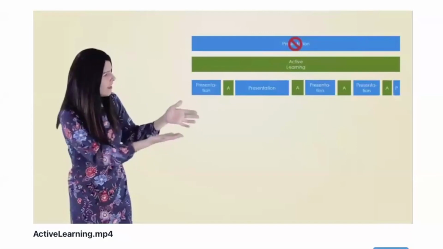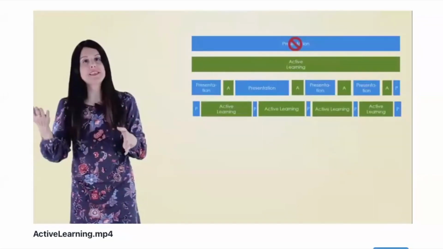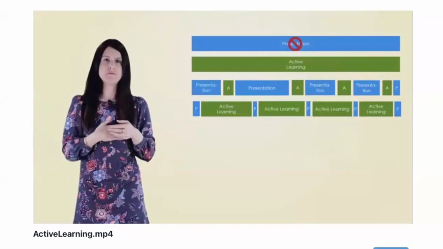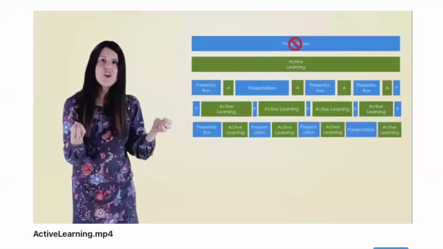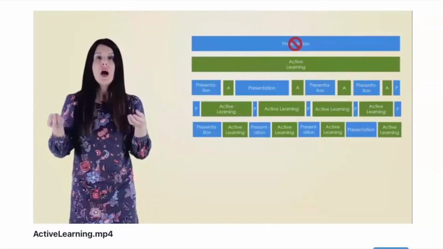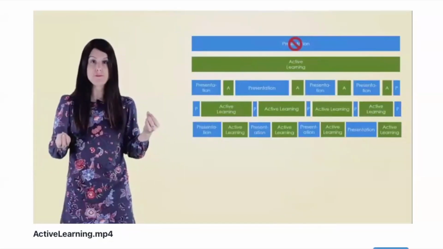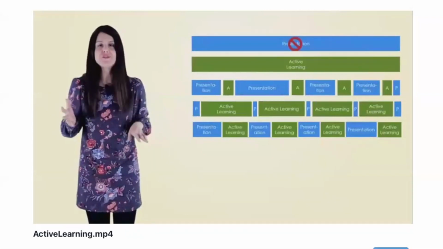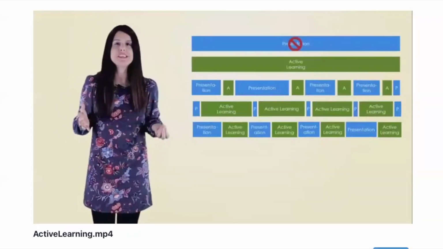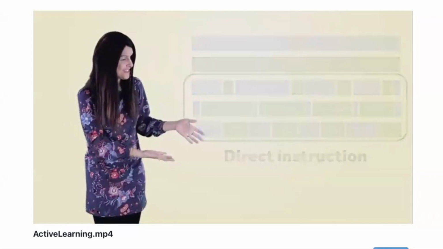Or maybe like this, with more active learning than teacher-directed explicit presentation. Or maybe even like this, with a fairly even mixture of active learning and teacher-directed explicit instruction. The truth is, these mixtures of active learning and teacher-directed explicit instruction are called direct instruction.